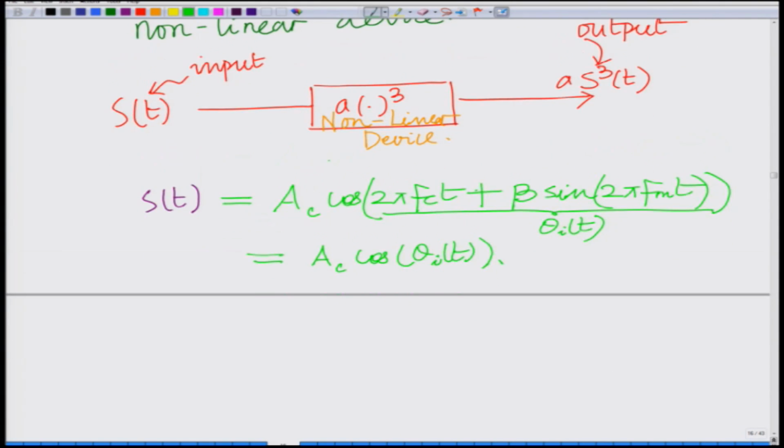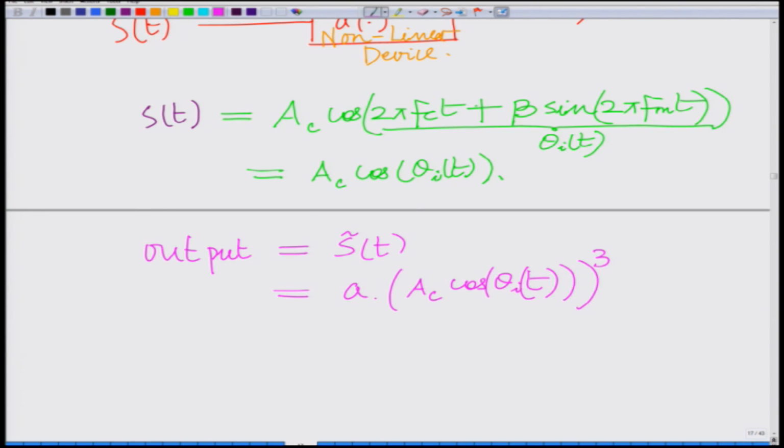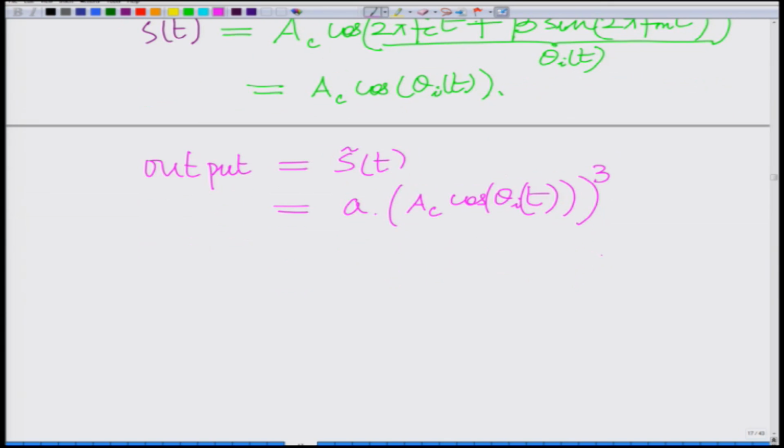This is my s(t). So, when s(t) is the input, the output, let us call that s tilde t, is equal to a times s cube t, which is a Ac cosine theta i(t) whole cube.